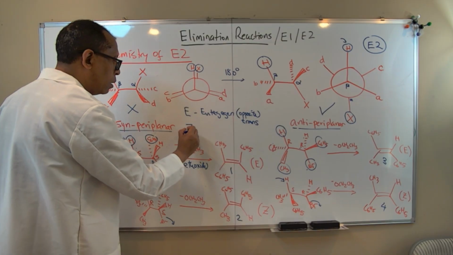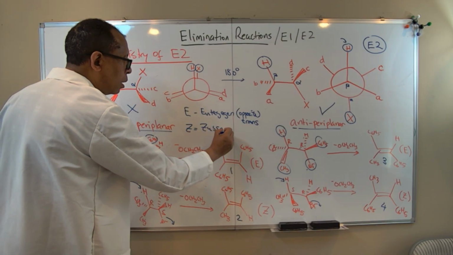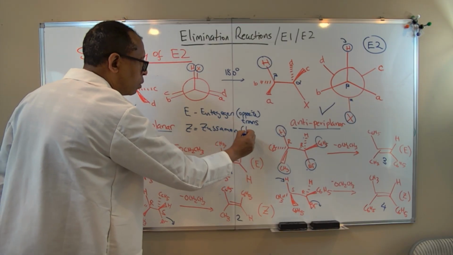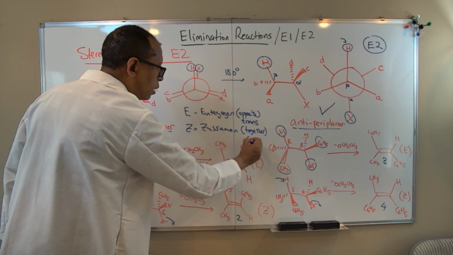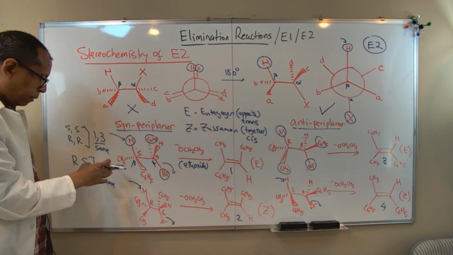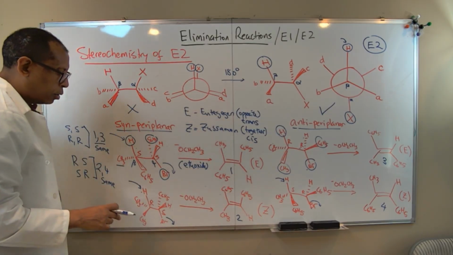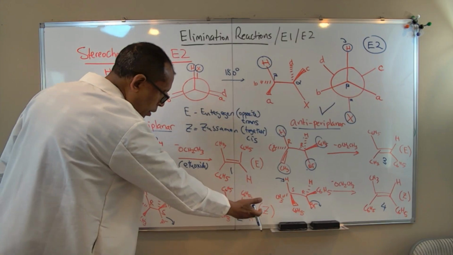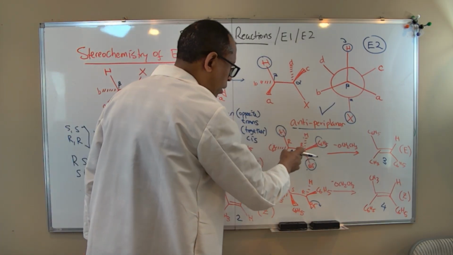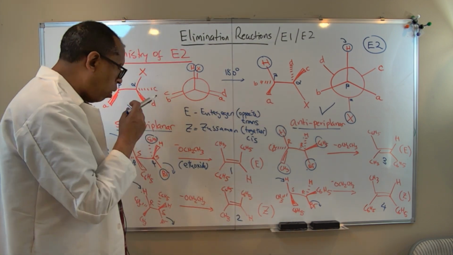So Z is zusammen, I think. This is together or same. So this is cis. So from SS you produce an E isomer. From RS you could produce a Z, and for this case, for RR you produce E, which is the same.